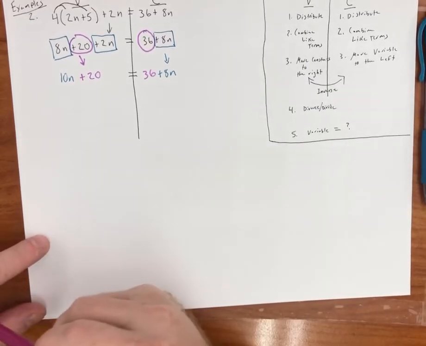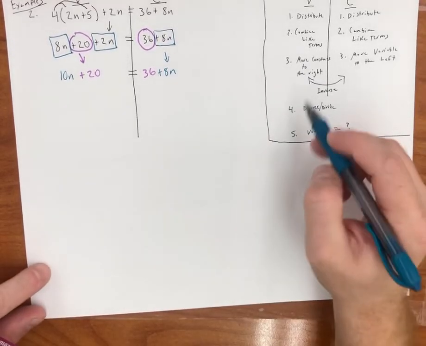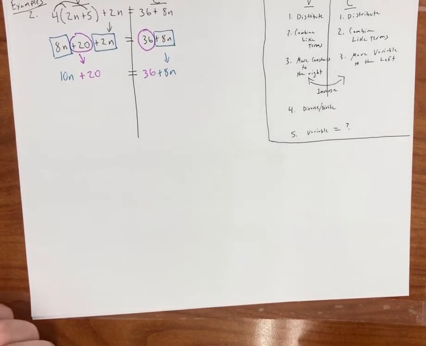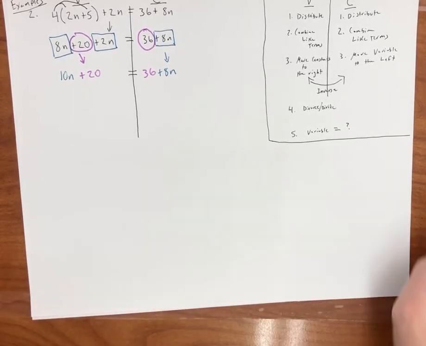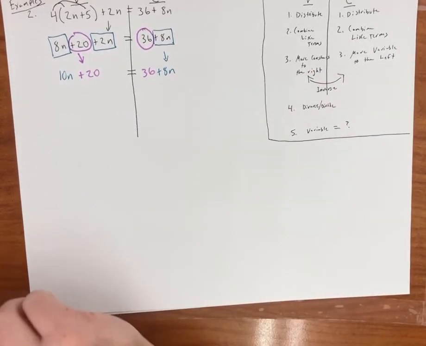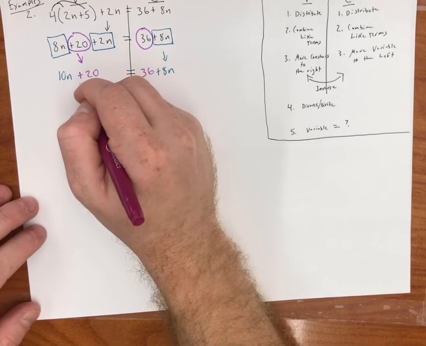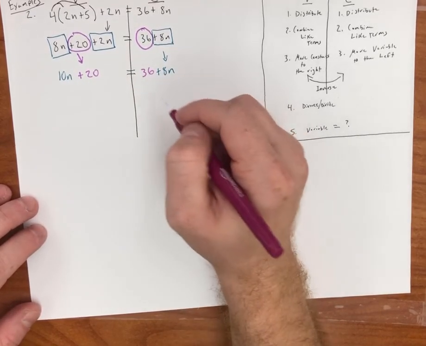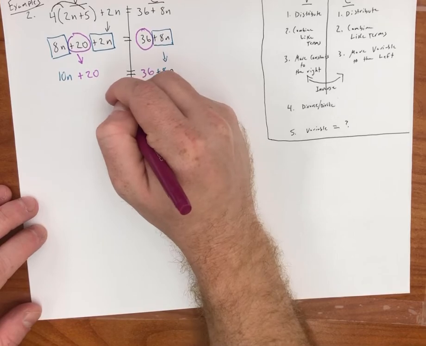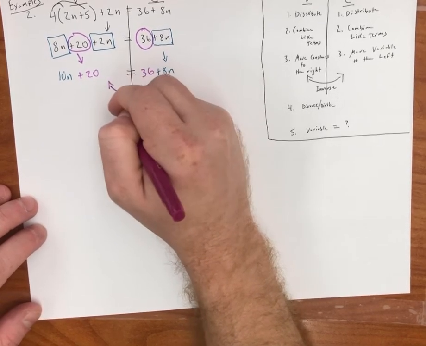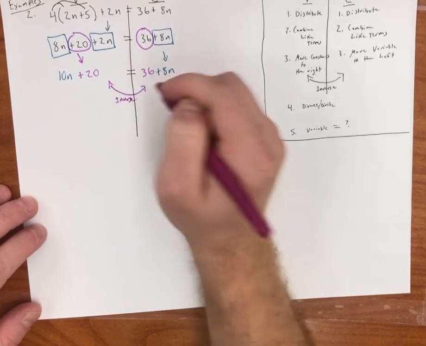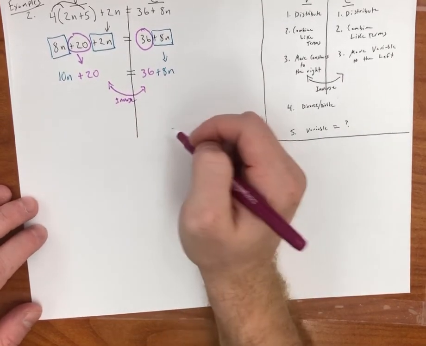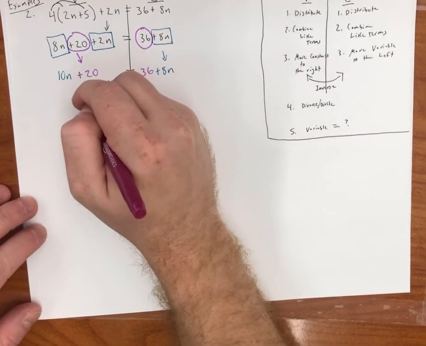Okay? So now that I've done that, I need to look at this next step. Step number 3. So looking at the variable side, I need to move my constants to the right. To move my constant, I'm utilizing inverse operations. Remember, if we're crossing the river, we use inverse operations. So if I'm adding 20 here, what do I need to do?